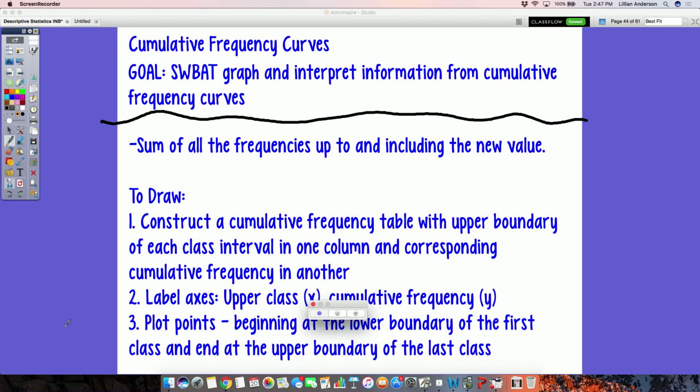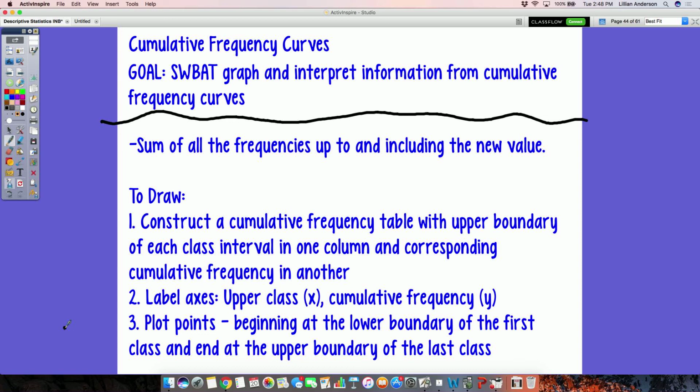Okay? After you get your table, you're going to make your actual graph. You need to label your axes. Whether it's a histogram or cumulative frequency curve or box and whisker or anything else that we do, you need to label. X-axis is your upper class boundaries. Your y-axis is your cumulative frequencies. Once you get the labeling done, then you plot your points.